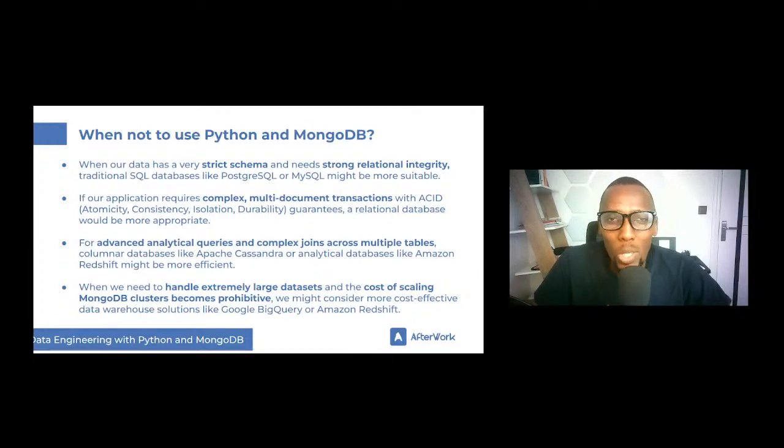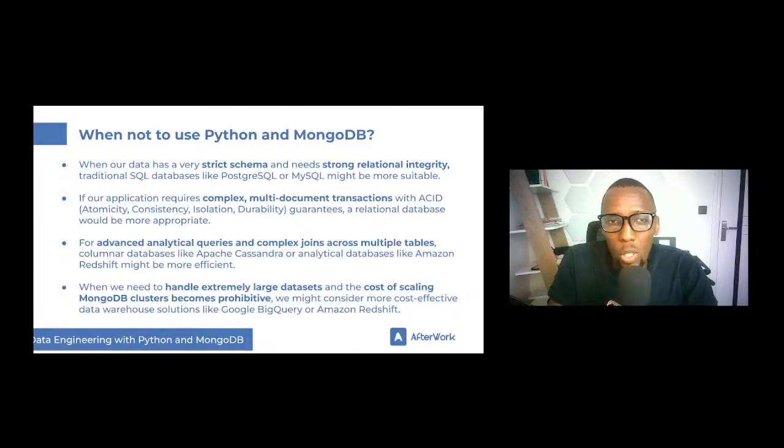When might we not want to use Python and MongoDB? Maybe if we have a strict schema that we need to adhere to, in cases where the data we need to work with needs to have specific data types, then we can decide to use traditional SQL databases such as Postgres as well as MySQL.